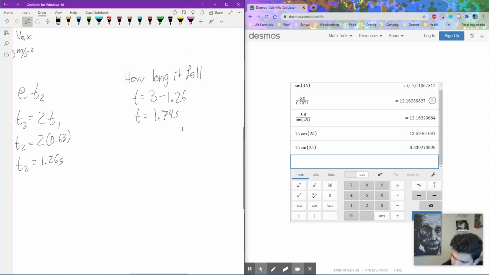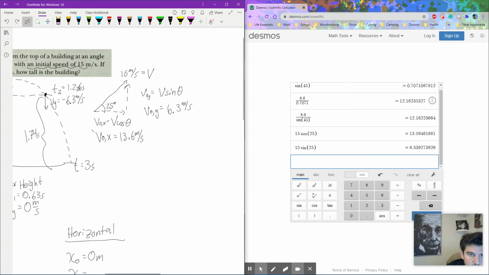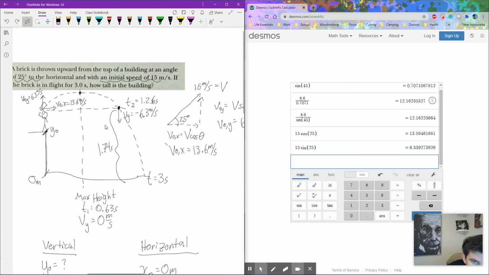So knowing that amount of time, I can actually apply kinematics equation number 3 to figure out the height of the building. Okay. So like I said, we're going to call the ground the final place. So what we're looking at is the brick is right here.